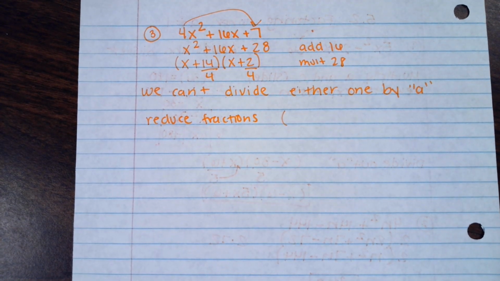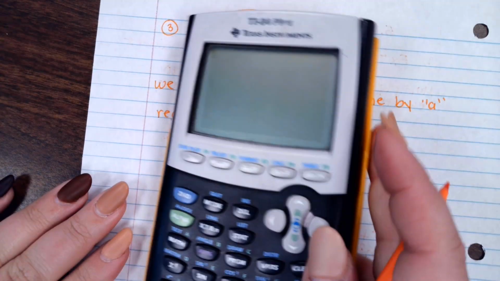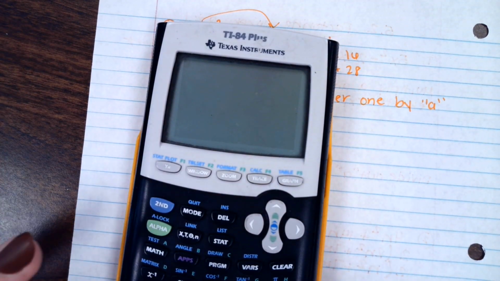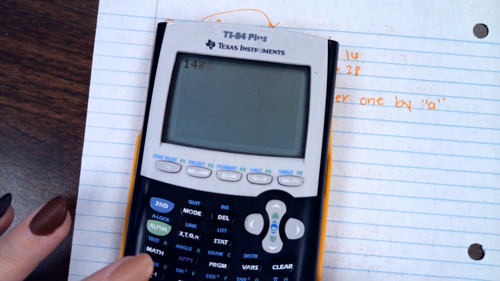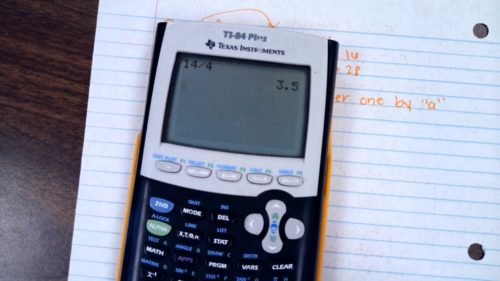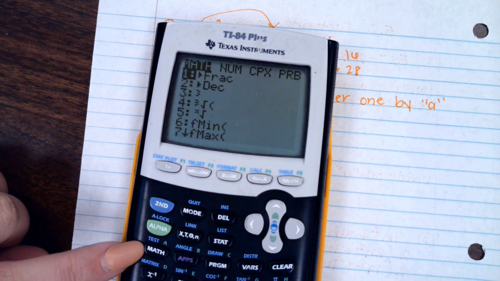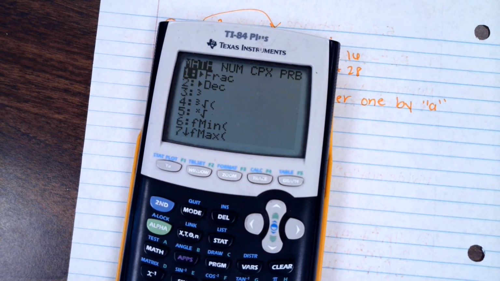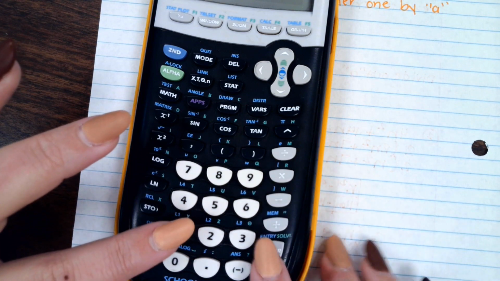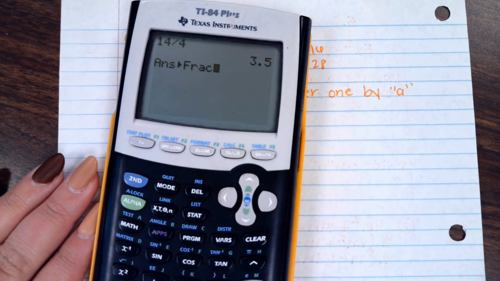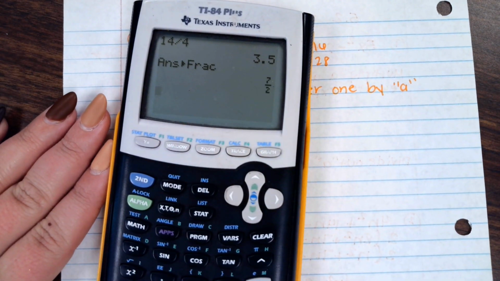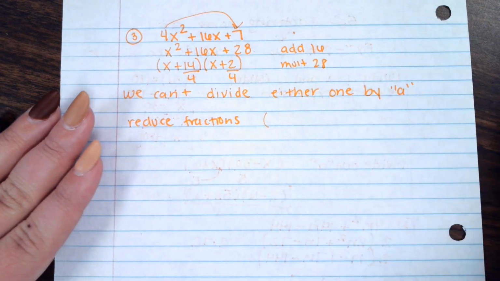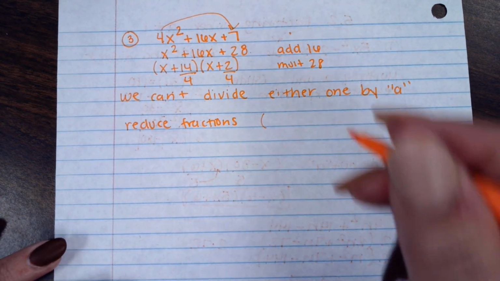If you don't feel confident reducing fractions, there is a way to do it in your calculator. So we have 14 divided by 4, right? If you hit enter and then go to the math menu here, number 1 says frac. You can either hit 1 or the enter button. And it gives you 7 over 2. So that is my reduced fraction.